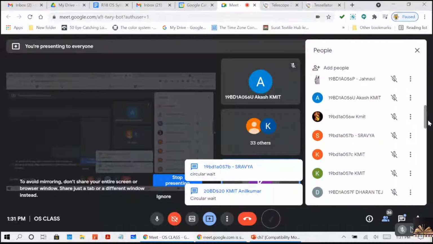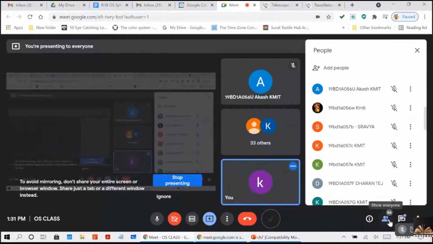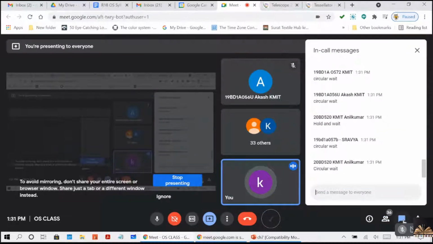Roll number 6W, you please tell me what do you mean by hold and wait? Roll number 6W. Excuse me, guys. 6W is not there. Okay, I'm marking 6W absent.